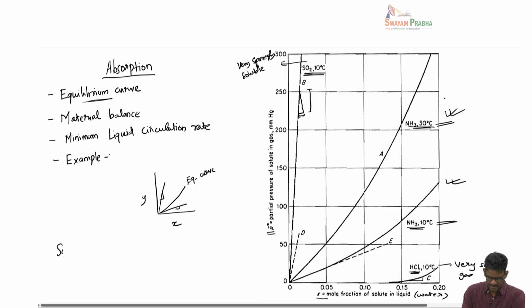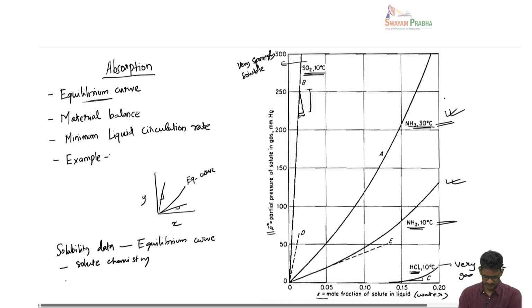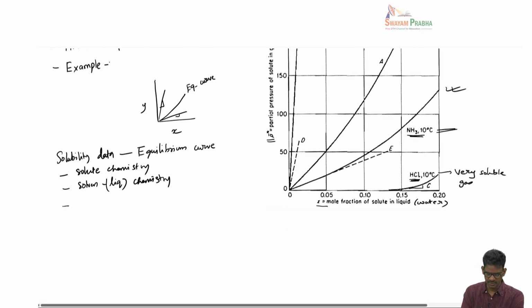So, the solubility data, which is essentially what we call the equilibrium curve, depends on the solute chemistry, the molecular makeup of the solute, it depends on the solvent or liquid properties or chemistry, and it also depends on temperature.